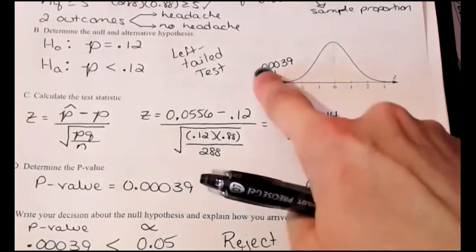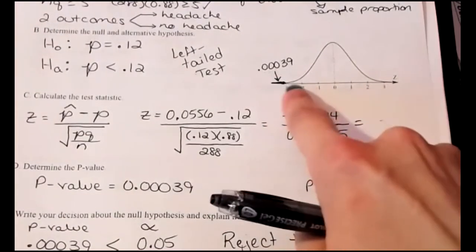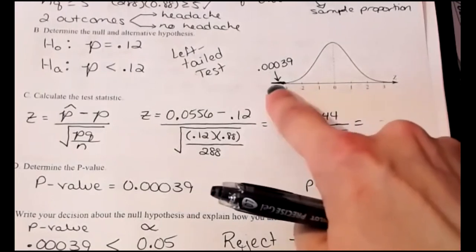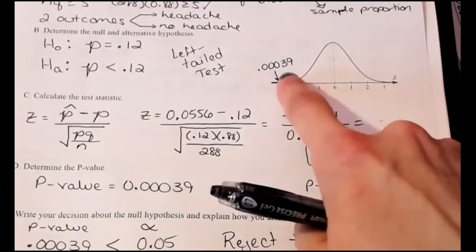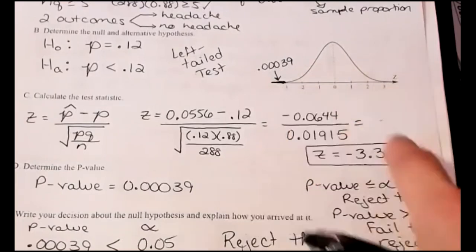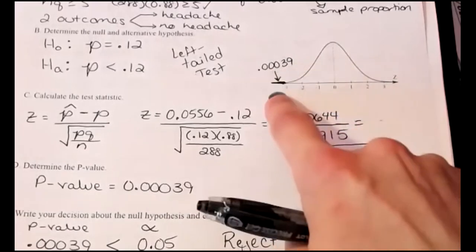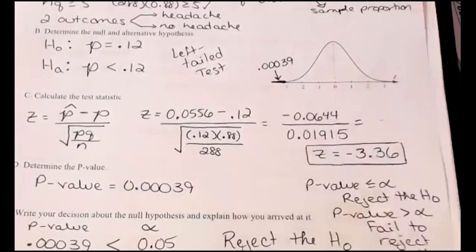We're looking at 0.05 space, right? We're looking at this region that has a probability of 0.05. Because our z-score lands in this tail with a probability smaller than 0.05, we can literally say, whoa, that is very unusual. So our probability is 0.00039.